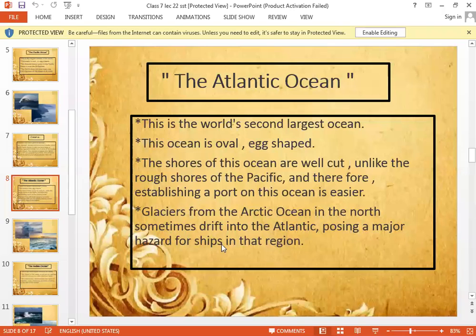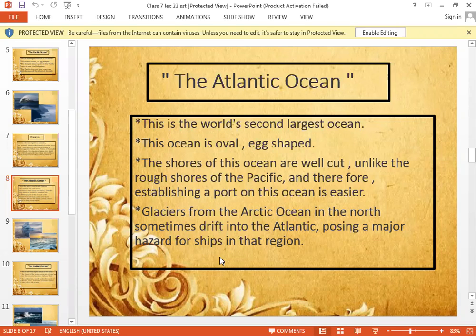It means these glaciers of the Arctic Ocean sometimes create problems for the ships which are sailing in the Atlantic Ocean. So these glaciers sometimes drift into the Atlantic Ocean and cause major problems for the ships in that region.